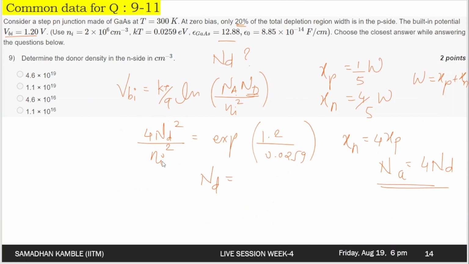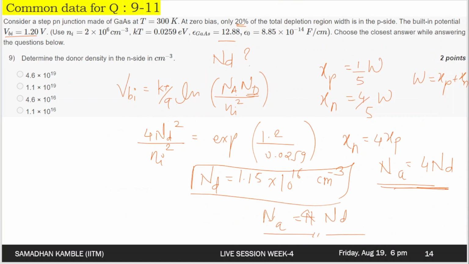We can substitute the value of Ni, the intrinsic charge carrier concentration, and we find the value of ND as 1.15 times 10 to the power 16 per centimeter cube. Similarly, using this particular relation we can find the concentration of the acceptor.